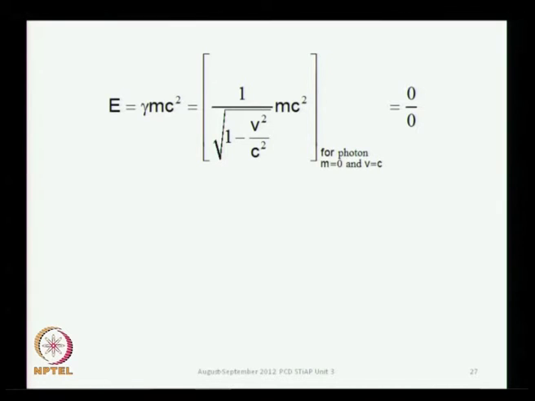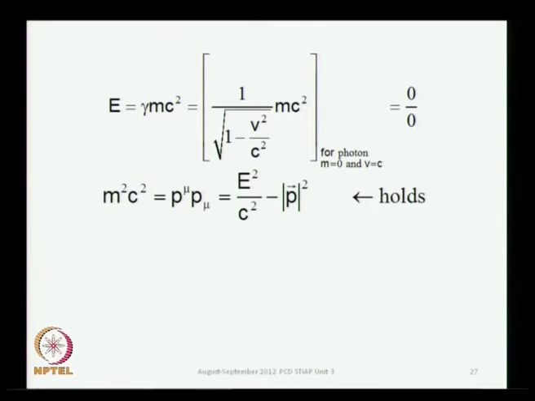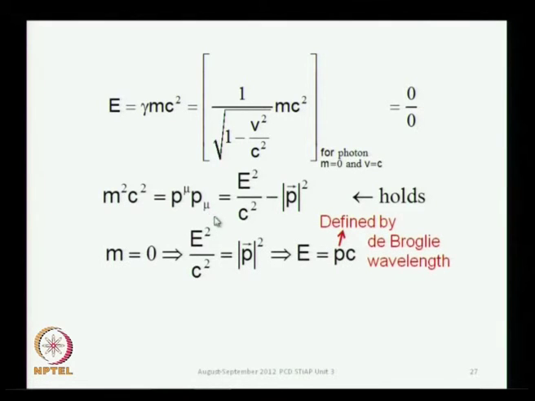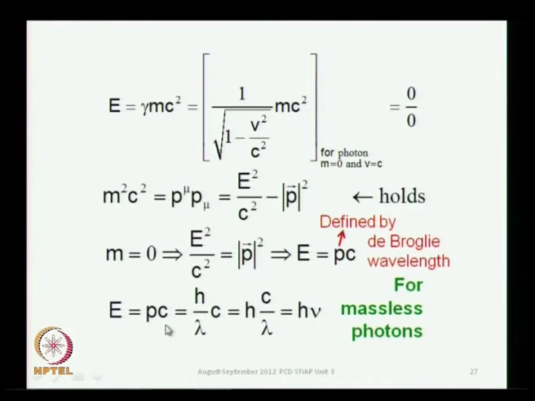So, if we were to apply this relationship to light, we would get an indeterminate quantity for the energy of the photon, but that is not a worry because this relation that we got from the invariant scalar constructed from the 4 momentum still holds, with the difference that now we should allow m to be 0, no problem, but let us define the momentum using the de Broglie wavelength, because if you used p using the de Broglie wavelength you get E equal to Pc, which is hc over lambda, which is h nu, and then you do not have any problem defining the energy of a photon.